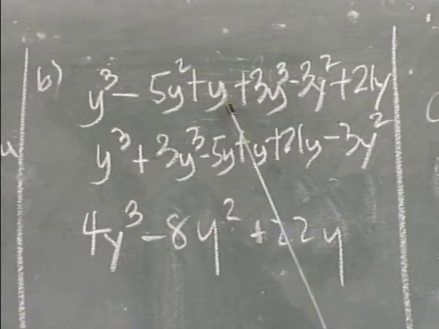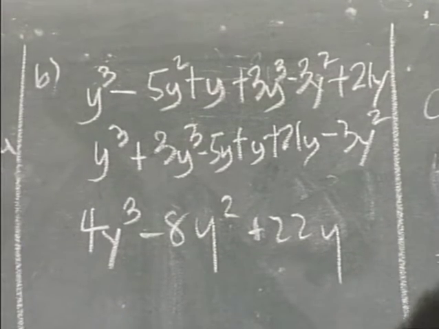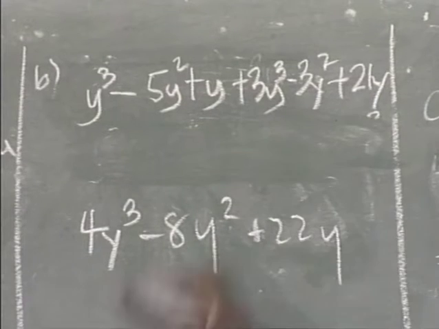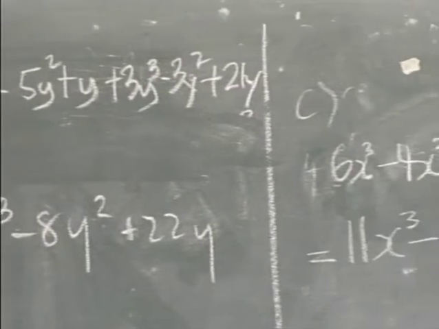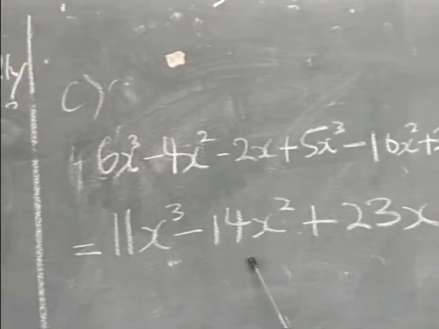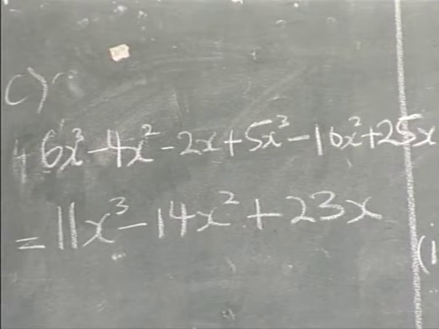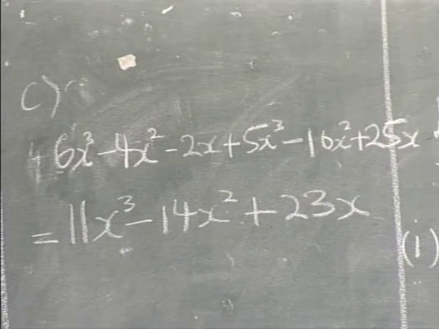And then 1y plus 21y is 22y. Okay, forget this one here. Letter C. 11x cubed minus 14x squared plus 23x is correct, right? All right. D, we.